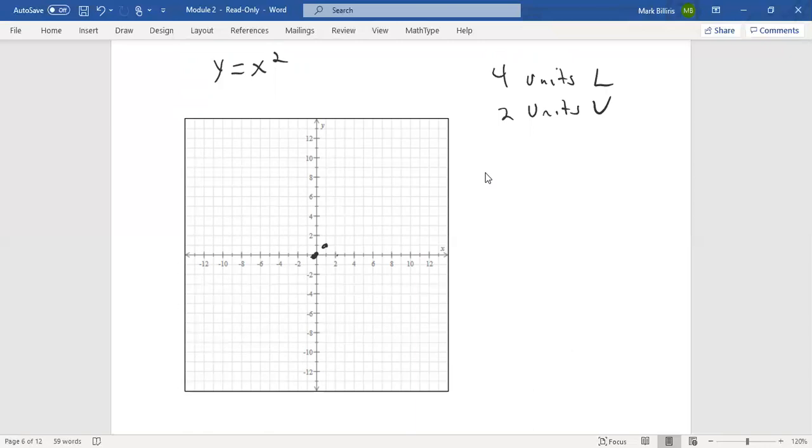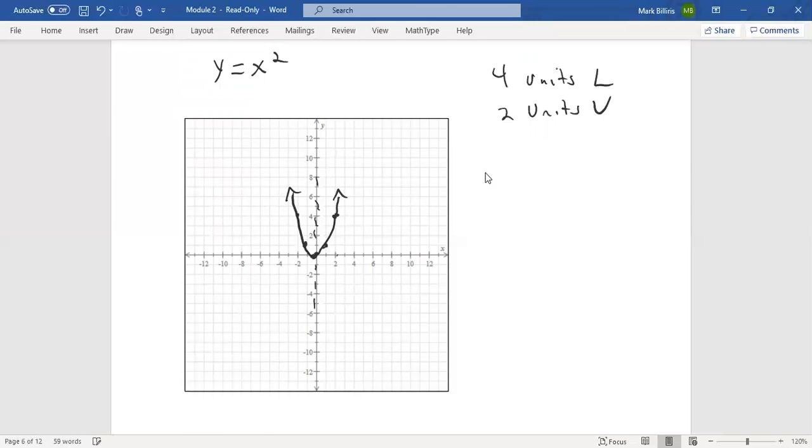So the next unit being 2 for x, if I square it, I get 4. So again, what am I going to do? I'm going to use my axis of symmetry until you get used to this to plot my other values. So I'll have 1 unit to the left and then 2 units to the left. And there's my parent function.